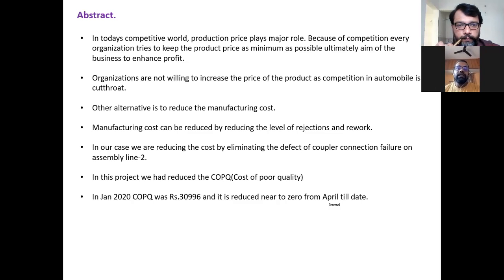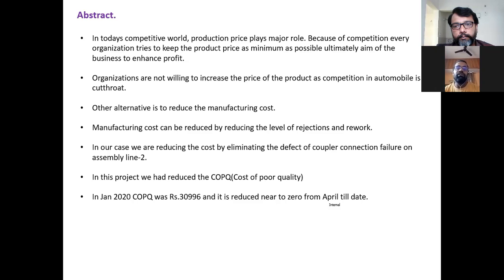In the last 5 to 6 years there has been no drastic change in the price of automobiles, and they manage only because they concentrate on reducing the manufacturing cost. So it is a very stringent part of manufacturing, where we should concentrate only on reducing the manufacturing cost.